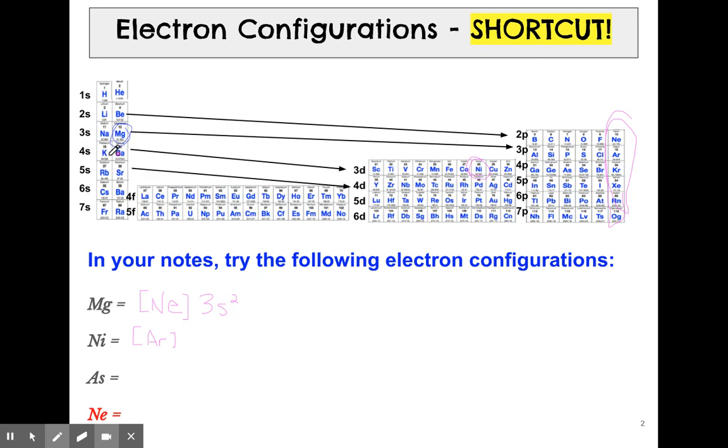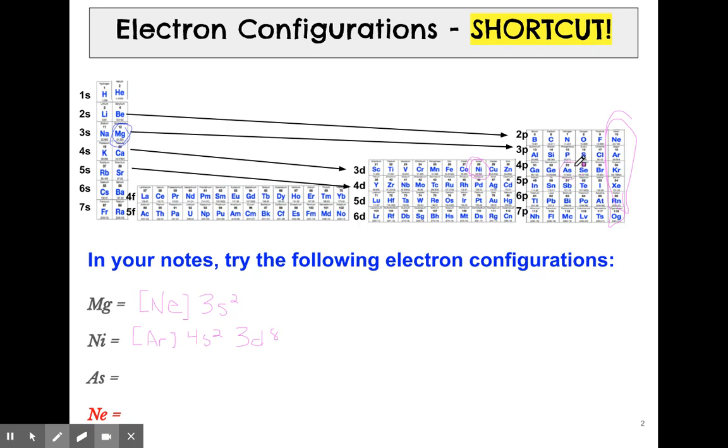So next we would do 4s2. And that gets us to calcium. So we follow in order of atomic number. We come down here to 3d, 1, 2, 3, 4, 5, 6, 7, 8. So we would end in 3d8. So this would be the shortcut for nickel.